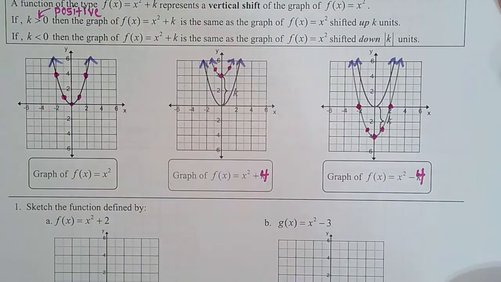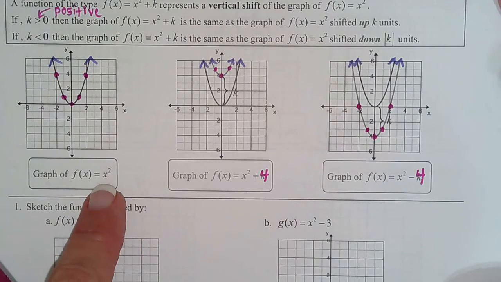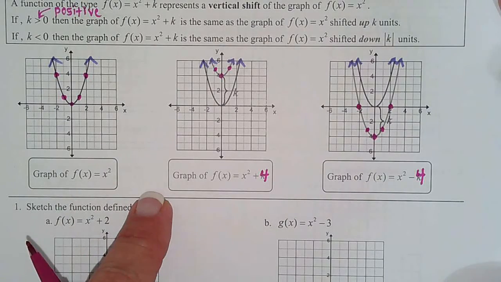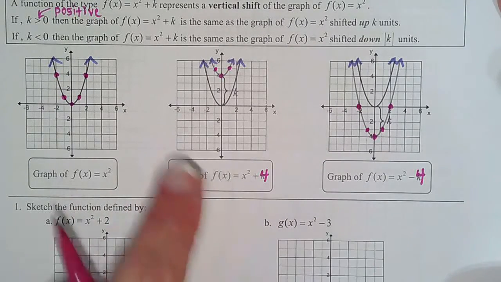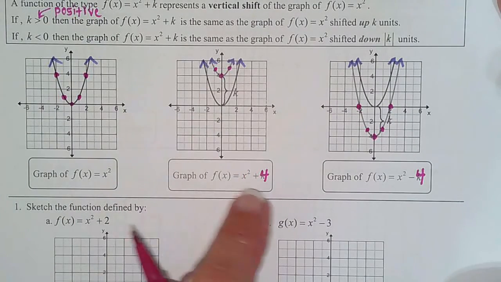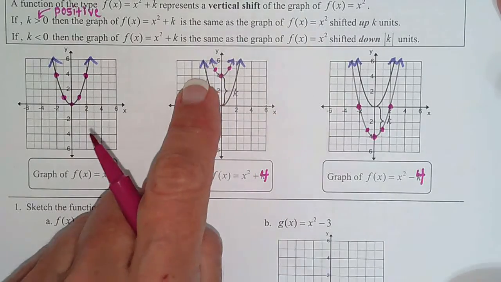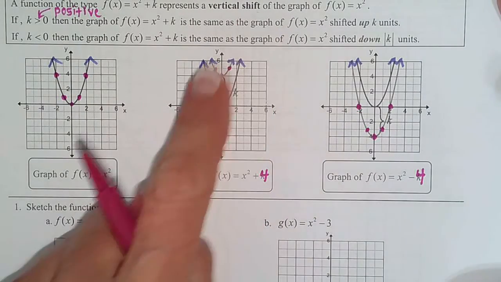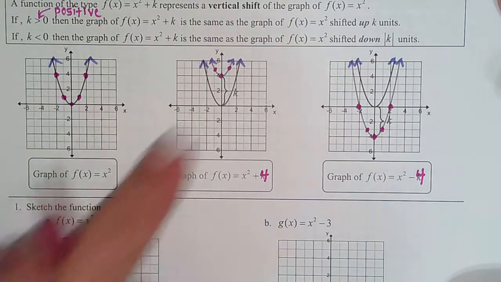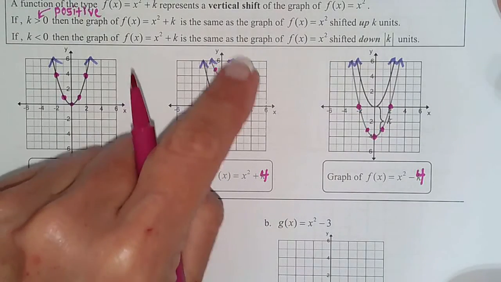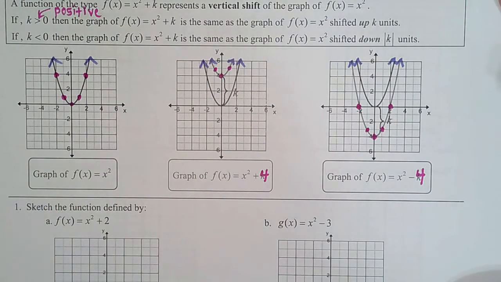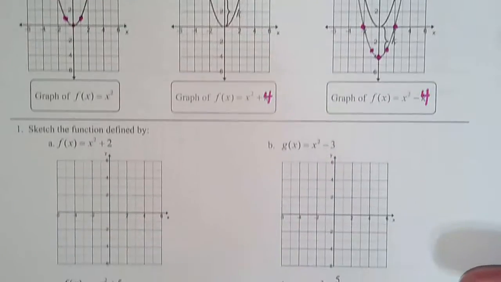So I can draw any parabola that is in the form of x squared plus a number or x squared minus a number just by finding the new vertex, shifting it up 4, and then going over 1, up 1, left 1, up 1, over 2, up 4, left 2, up 4. I didn't do the 2 and 4 on this one because we were out of graph, but that's how easy it is to do. So this is a super, super easy page.